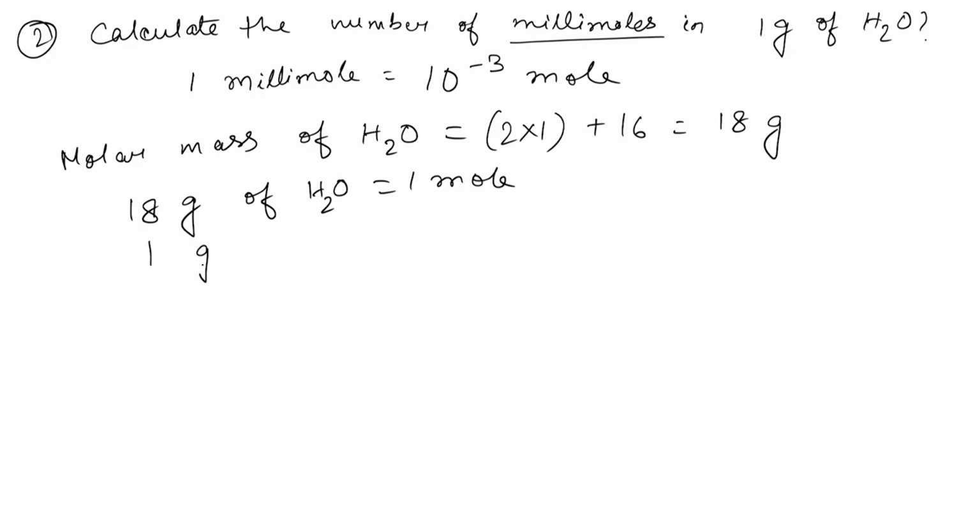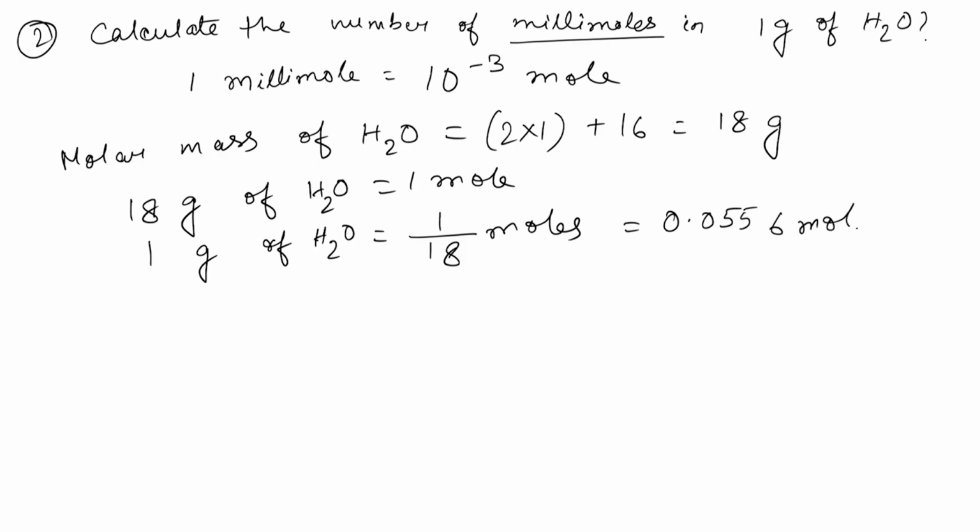So, 1 gram of water is equal to 1 by 18 moles. Okay. Now, this comes as 0.0556 moles. Okay.